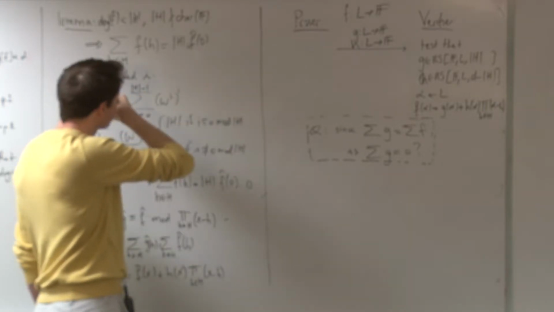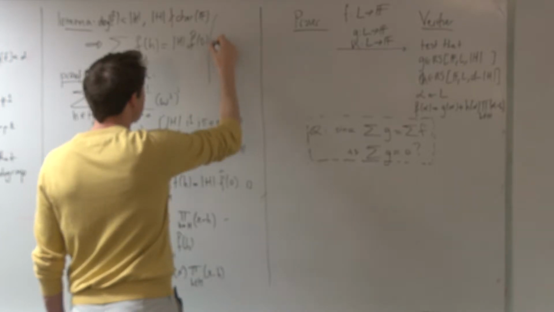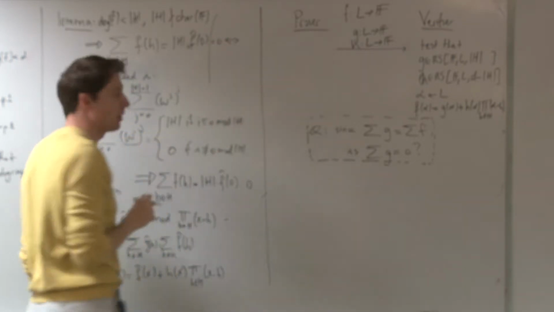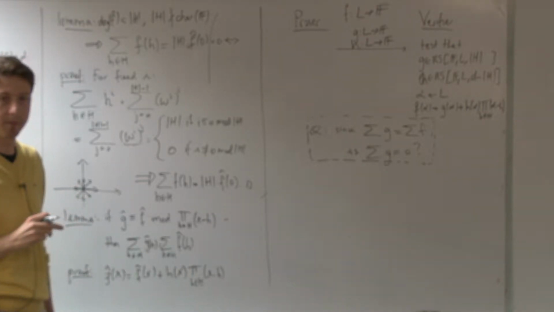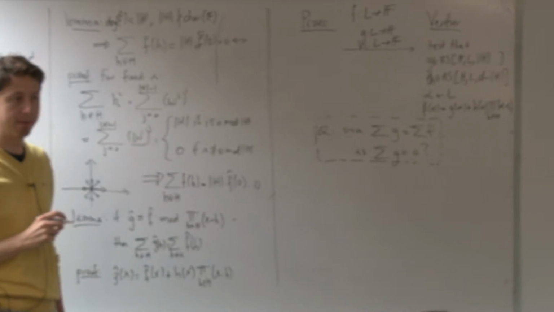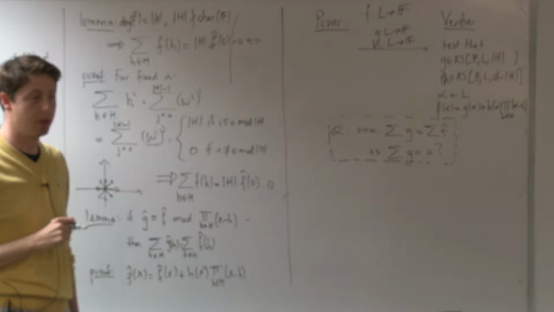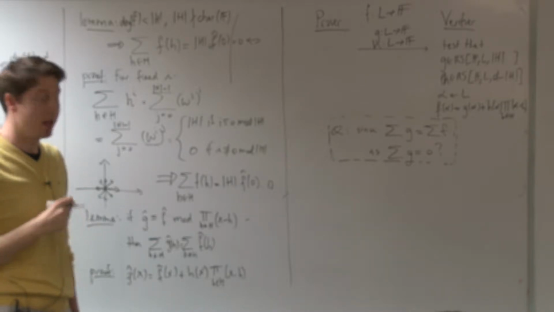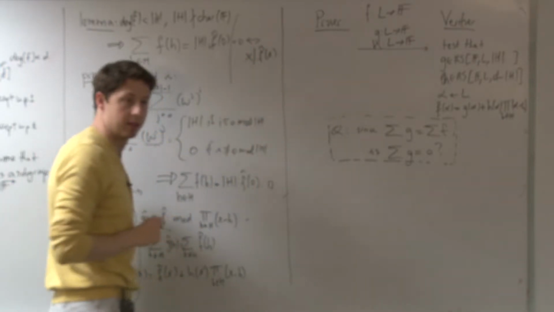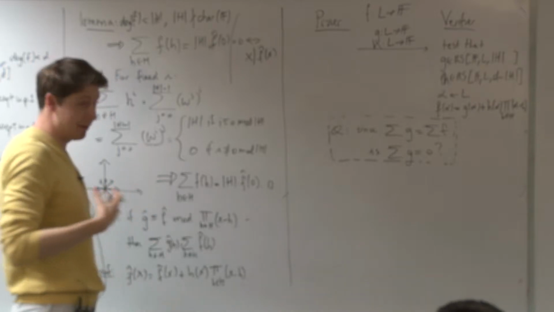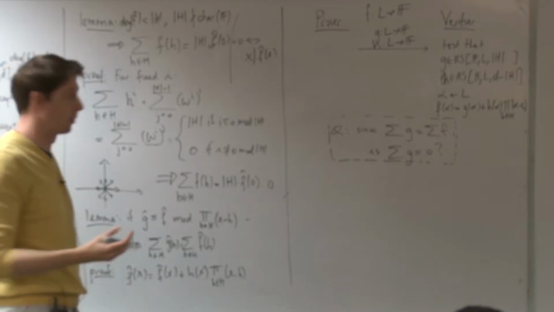But this equals 0 if and only if what? What does it mean that the hat of 0 is 0? The coefficient is 0. And in particular, I know that x divides the polynomial, right? If I evaluate a polynomial at 0 and it vanishes, it means that x is a root.